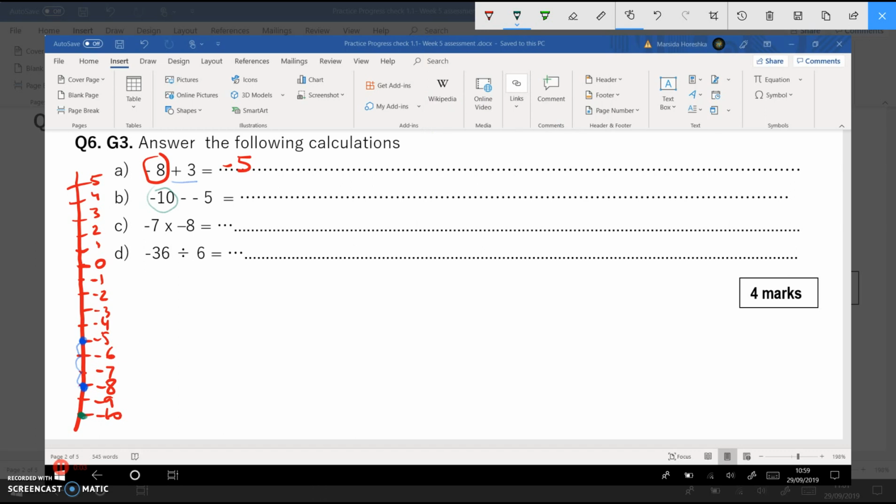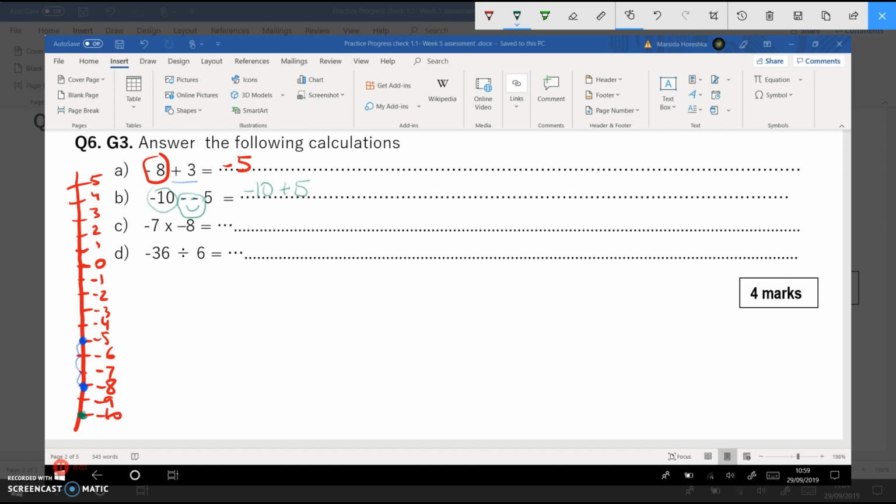Since we have 2 signs next to each other, I'll circle them and make a smiley face. If the two signs are the same, then they turn into positive. So this turns into minus 10 plus 5. So those two signs, just those two, will turn into positive, not the overall result.